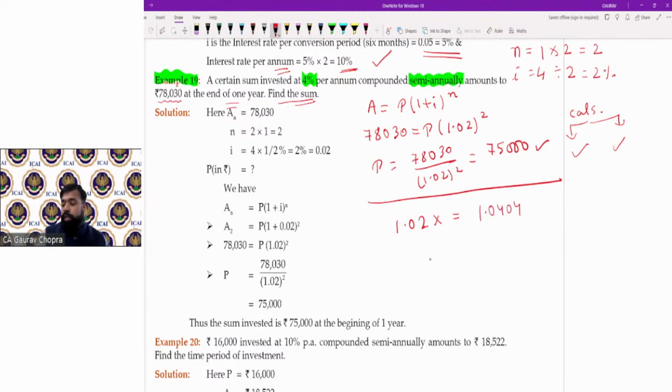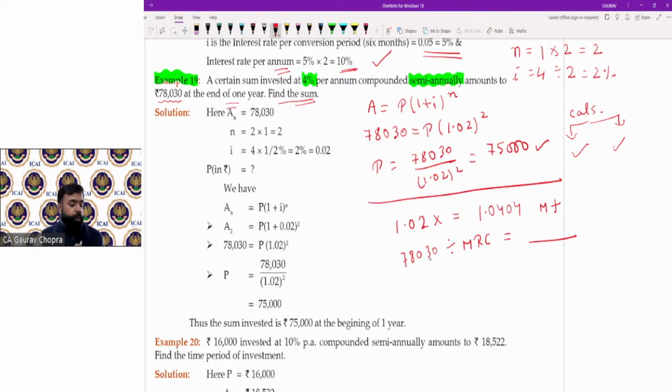Now, what is the next step? For this value, you have to use M plus. So press the button M plus. Then 78030 divided by, now press MRC button and then equal to. Answer will be on your screen.